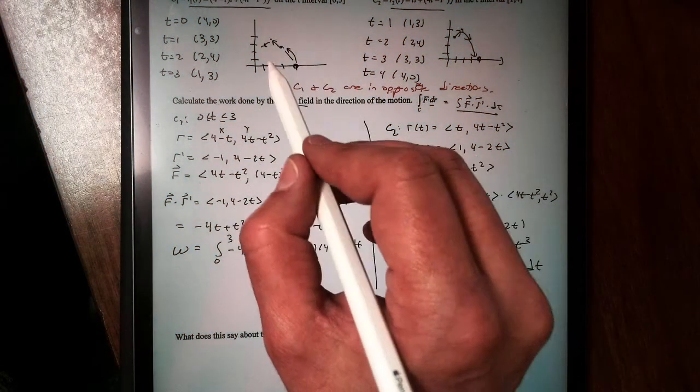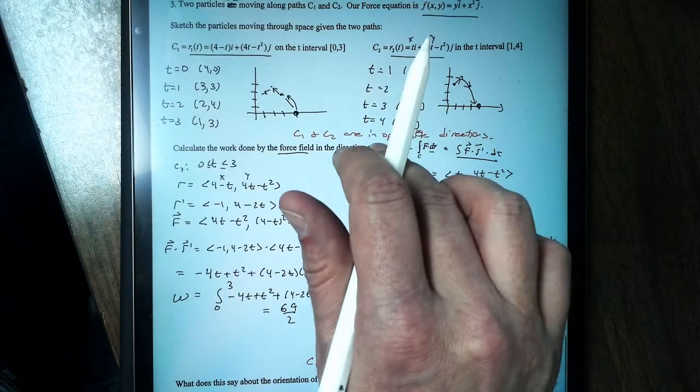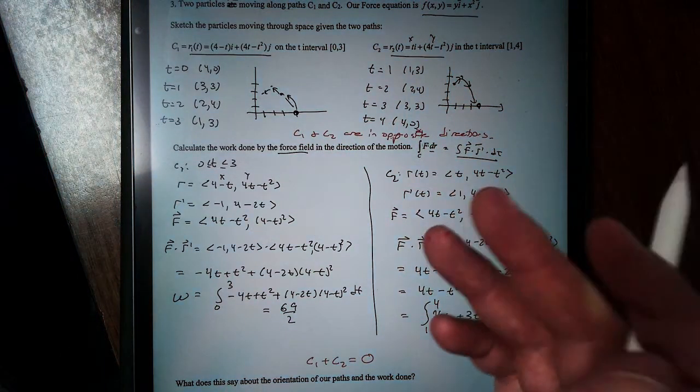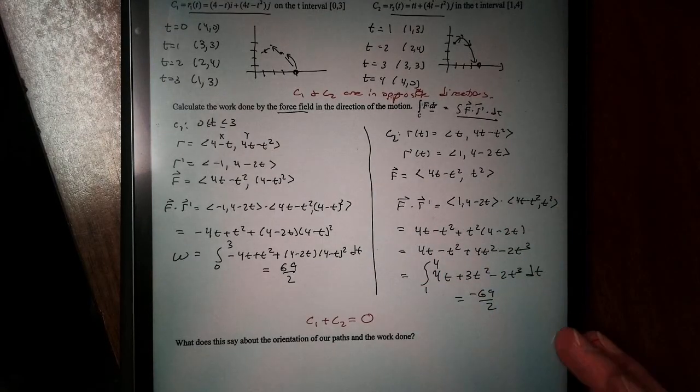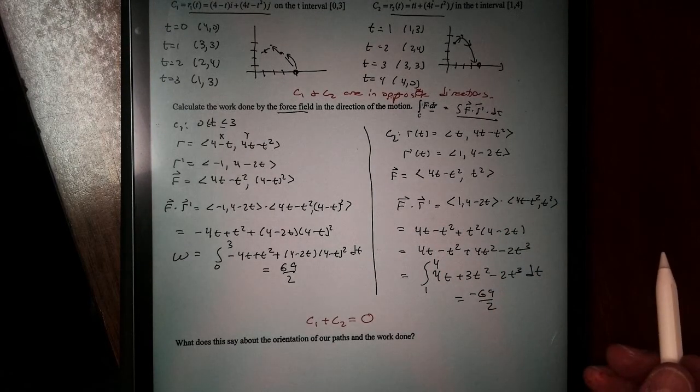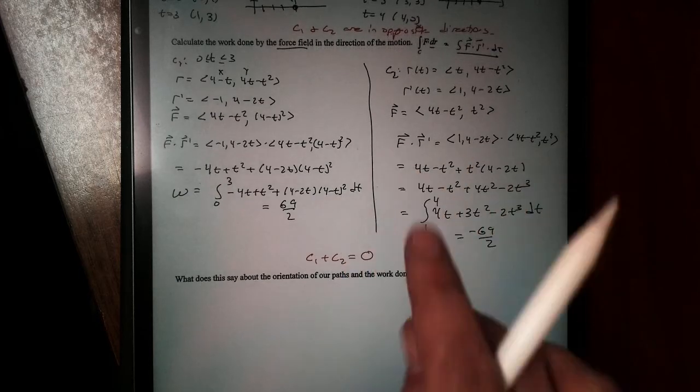Remember, we went in the opposite direction, but our force never changed. So we wound up with a net of 0 work done. That's why, when you go home and then you come back to school, you did no work. You have to do your homework.